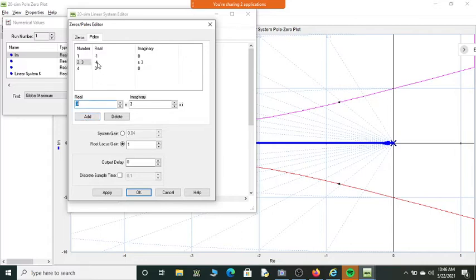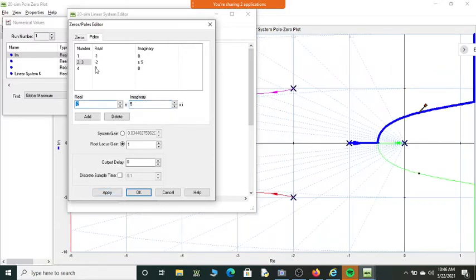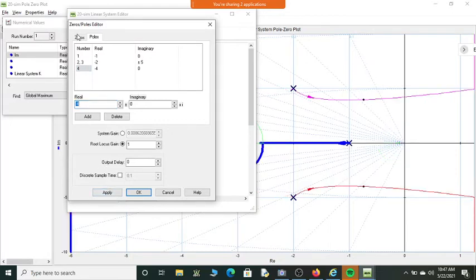Where is this complex? Minus 2 and j5. Minus 3 j2.